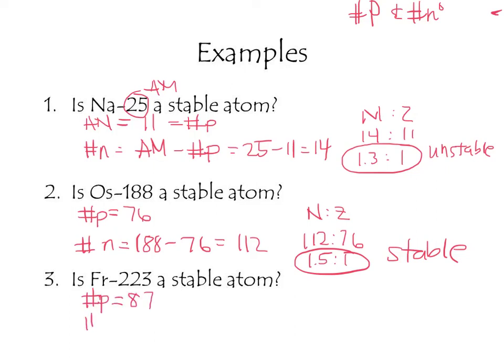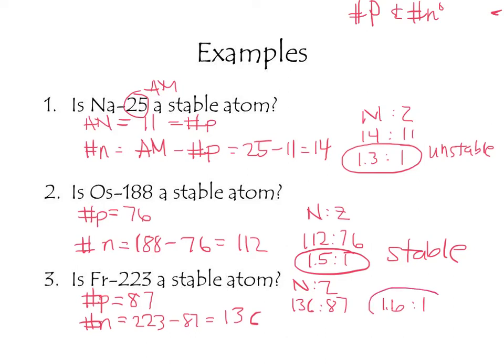The number of neutrons would be 223 minus 87, which should equal 136. If we do the N to Z ratio, you have 136 to 87, and you end up with 1.6 to 1, and this is not within the band of stability, so this is actually unstable.